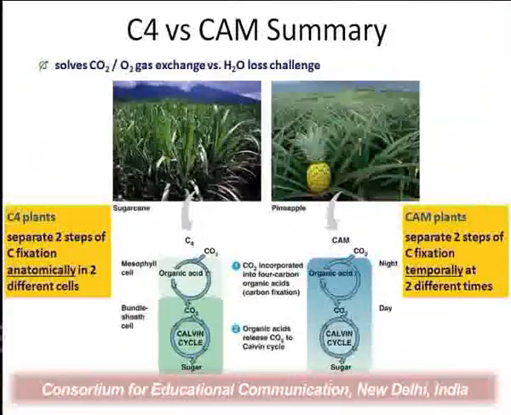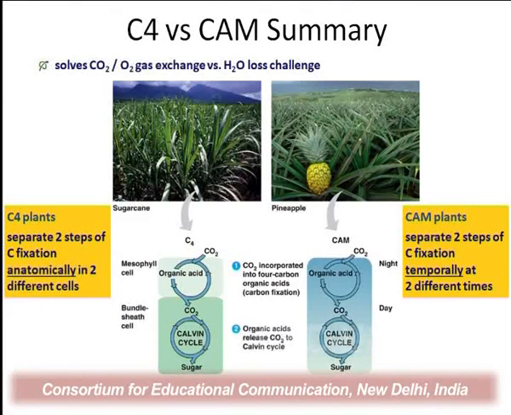So, to summarize, the C3, the CAM and the C4 cycles have the same type of job to do, but at different levels. One does it simultaneously but in different chambers, and the other does it in the same chamber but at different times.